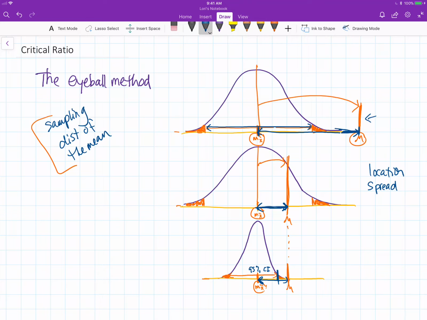So the location of our mu sub x bars is relevant, but then also how far spread out those sample means are, the sampling distribution of the mean. Both of those things really come into play. So when we're calculating something called the critical ratio, we actually do that same exact thing that you did with your eyeball, except we calculate it with numbers.